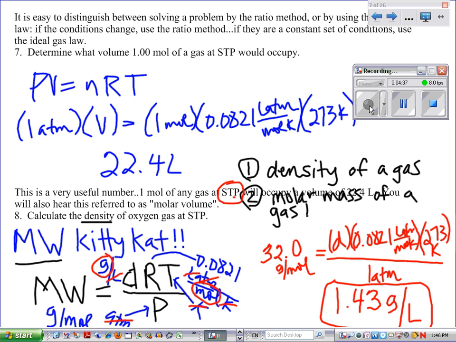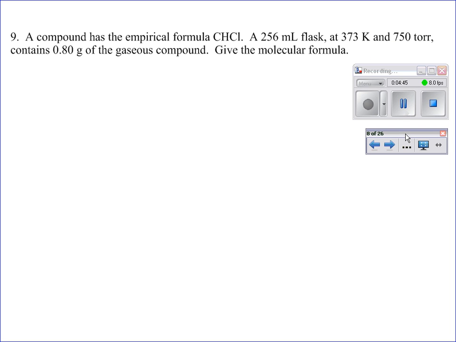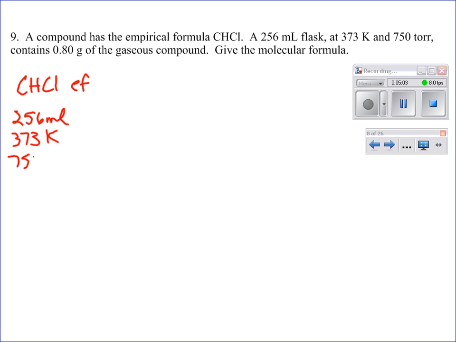All right, let's do one more of these, but instead of finding density, we are going to solve for molar mass. A compound has the empirical formula of CHCl. That's our empirical formula. It says a 256 mL flask at 373 Kelvin and 750 torr contains 0.80 grams.